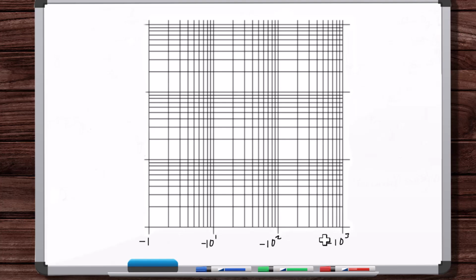Technically, you're supposed to be able to take the log of a major tick mark value and get an integer, and then go to the next tick mark and take the log of that value and get an integer. Well, you can't take the log of a negative number.